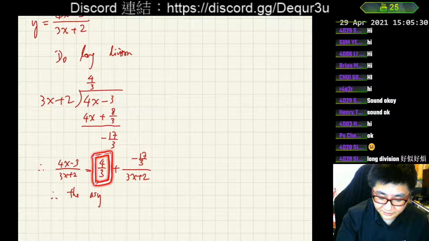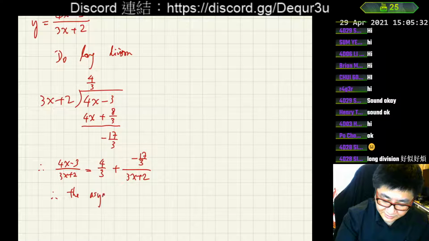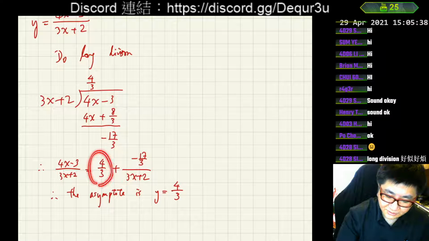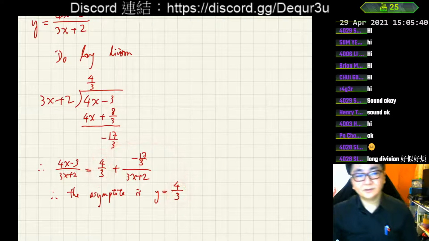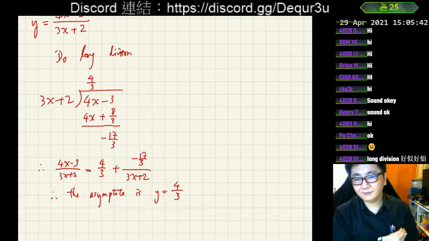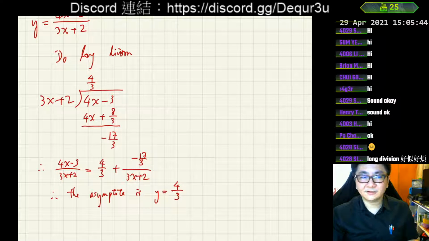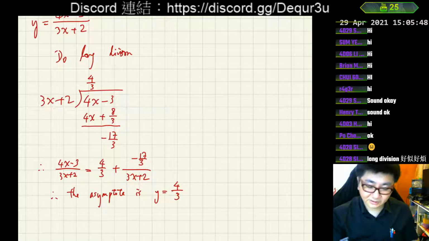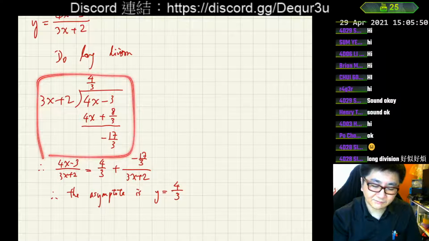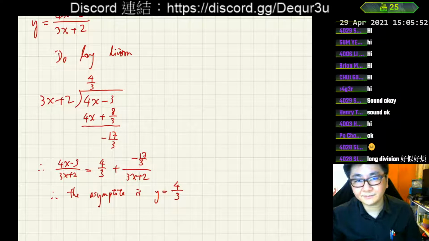Therefore, it is not an oblique asymptote, so I just say asymptote. The asymptote is y equal to 4 over 3, still just copying the quotient here. This is how we do this same question, and we don't need to take any limits here. We just do a long division, find the quotient, and then we have it.